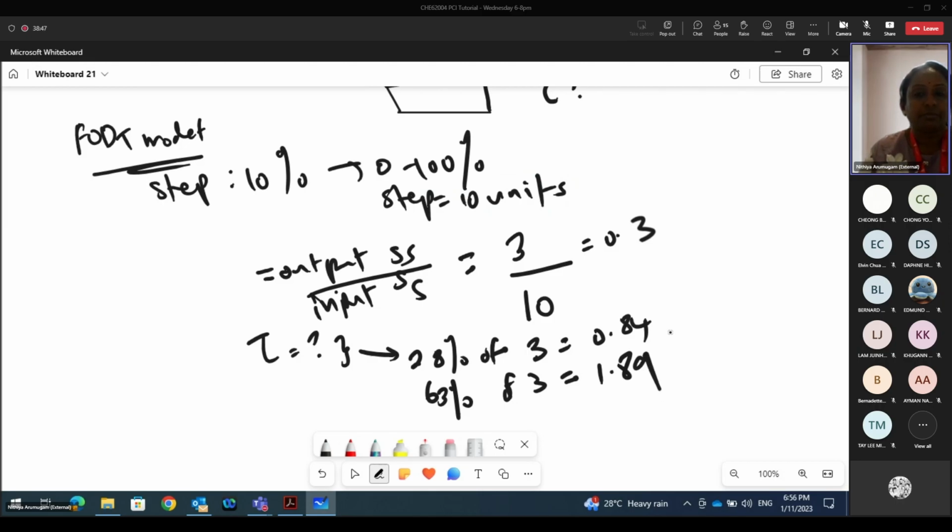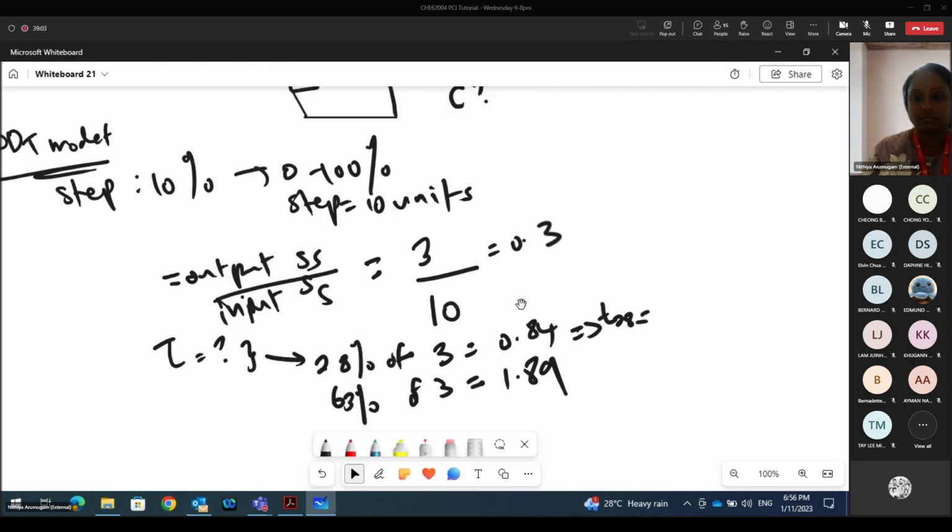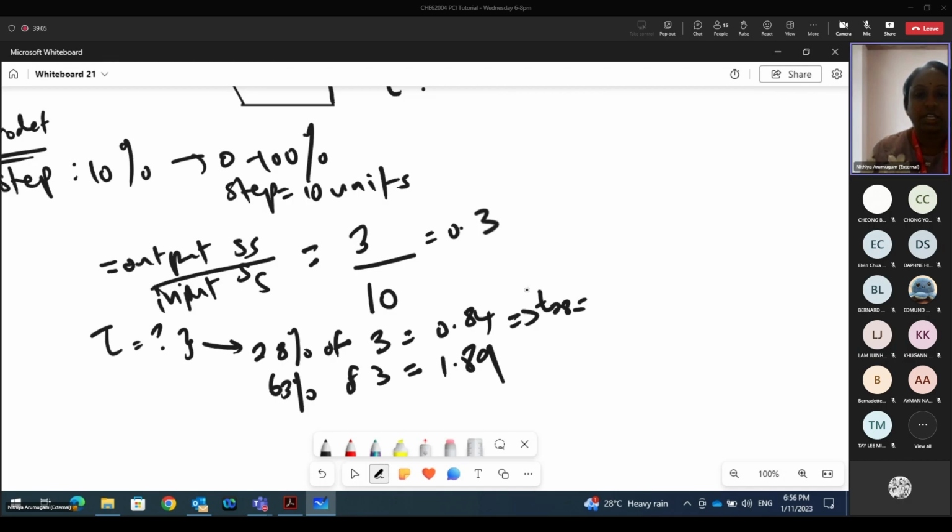Okay, so from here the T28 we can calculate from the graph. So T28 will be 11.5 seconds, and for the T63 it will be 16.5 seconds.